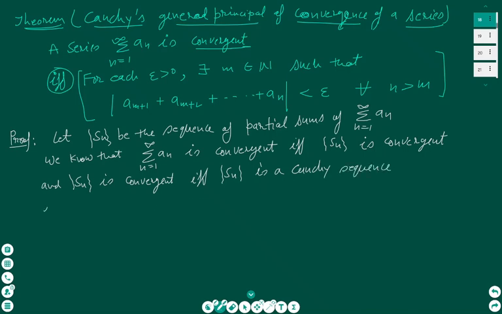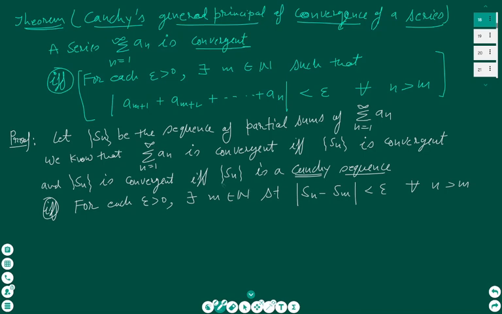And a sequence is a Cauchy sequence if and only if for each real number epsilon positive, there exists a natural number m such that |Sn - Sm| is less than epsilon for all n greater than m. This is Cauchy's criterion of convergence of a sequence. So Sn is a Cauchy sequence if and only if this holds for each real number epsilon positive.